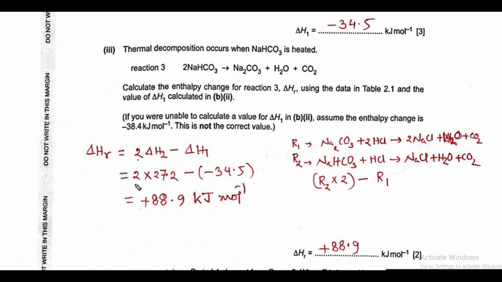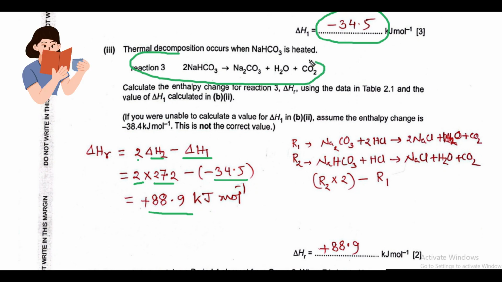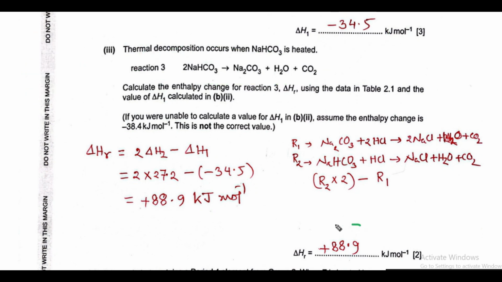So 2 times ΔH2 value 27.2 is given, and ΔH1 you calculated here 35.4. If you calculate, you will get plus 88.9 kilojoule per mole. This is the enthalpy of the reaction for reaction 3.